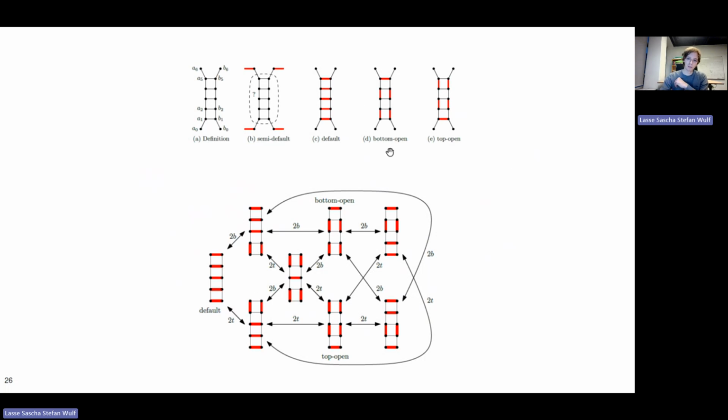But somehow, if it's in the bottom open state, then it's more efficient to go to the default state if the alternating cycle comes from the bottom, right? So a ladder that is bottom open, it's most efficient if it's visited from the bottom. So this is somehow how we introduce this asymmetric behavior that we need from the for all gadget.